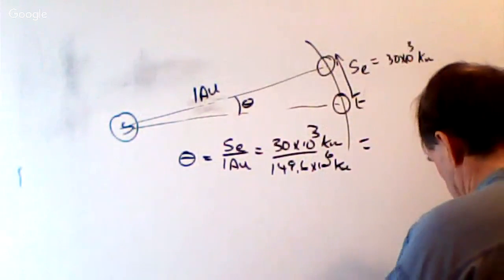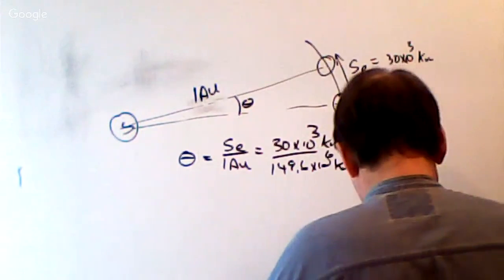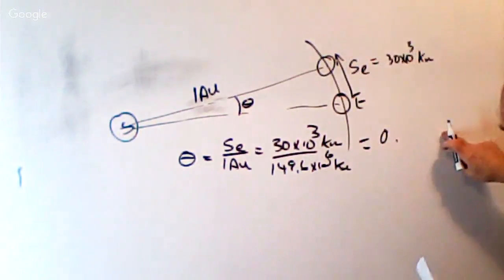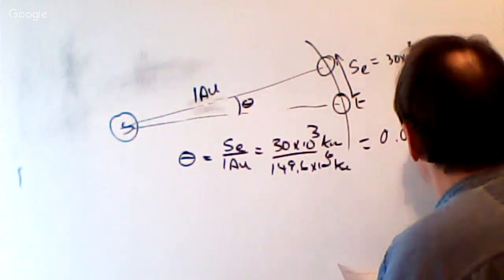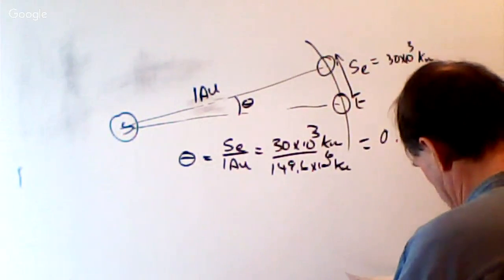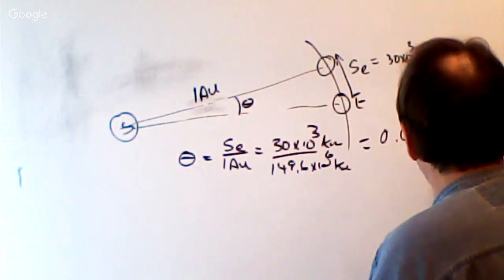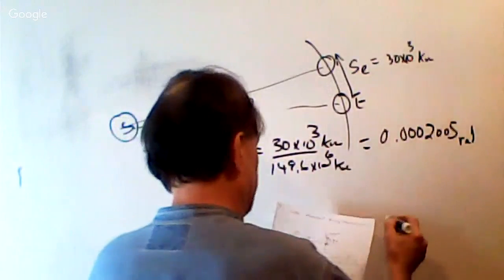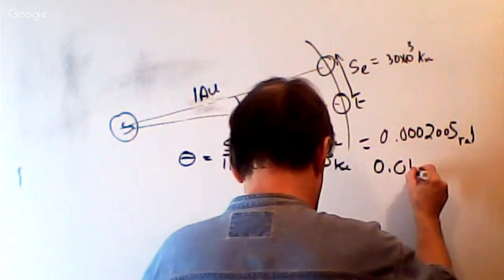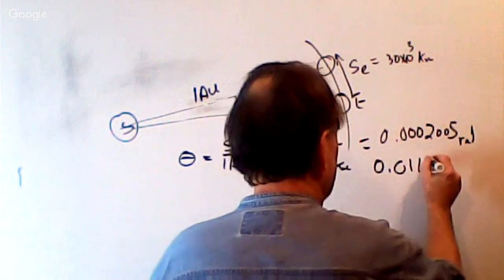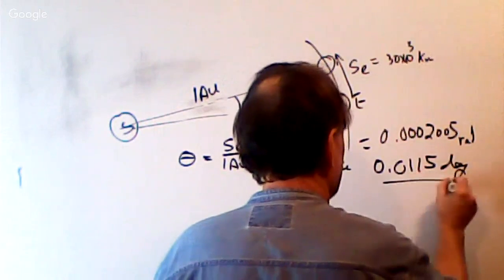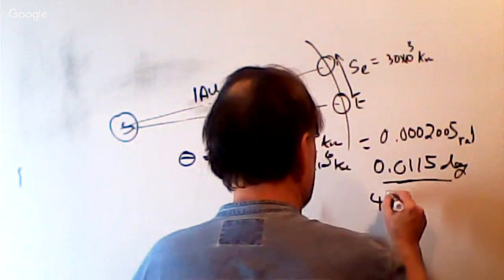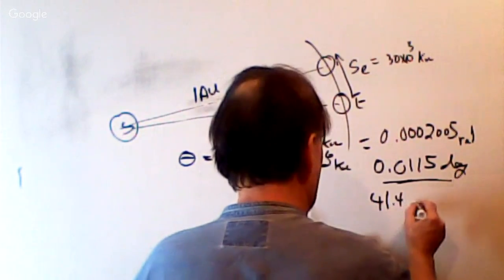If you perform that division, you get 0.30002005 radians. This, in angular measure, is 0.0115 degrees, or in terms of arc seconds, 41.4 arc seconds.